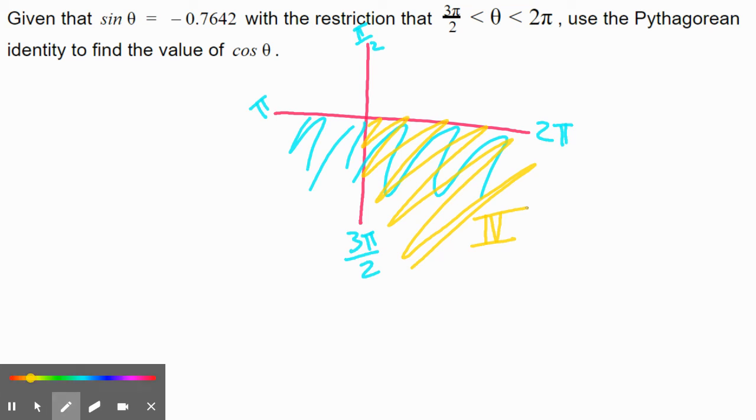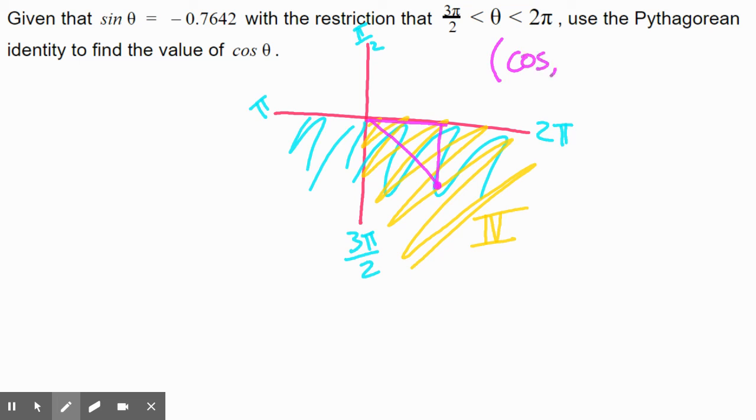Now all we have to do is, don't kill me, it's the Pythagorean theorem, right? And so let's just draw some random triangle right here. What do we know about that triangle? We know the value of sine, the y part of this, right?